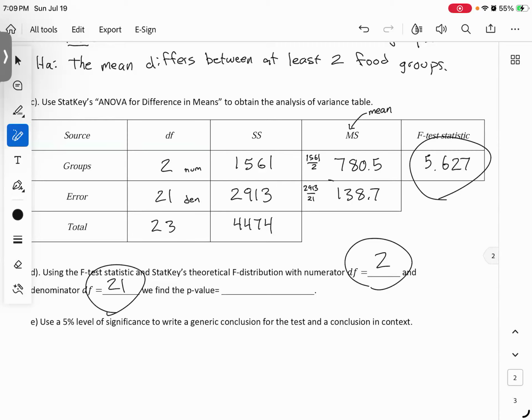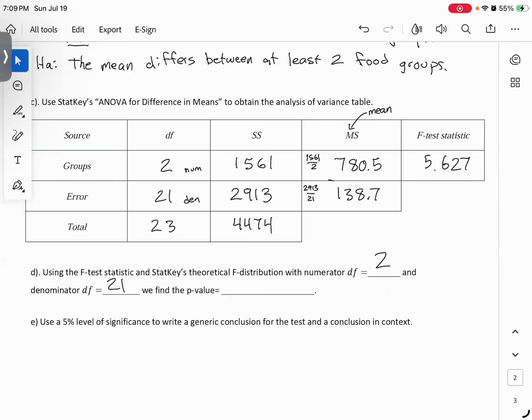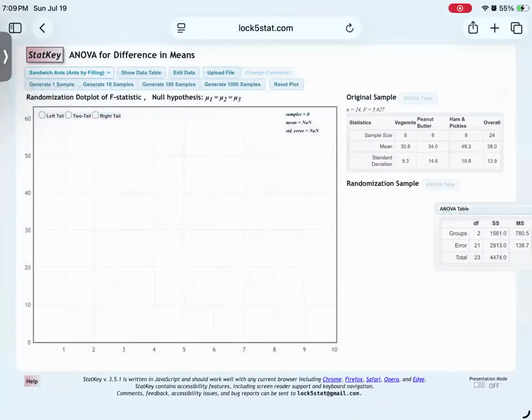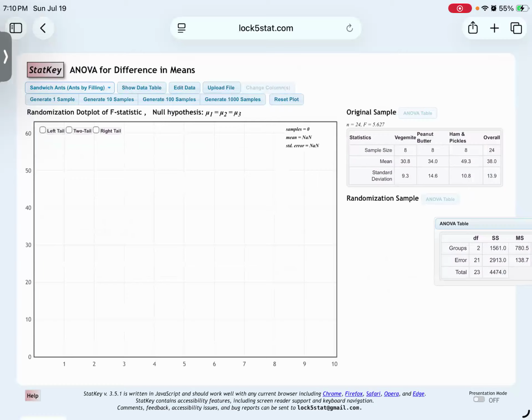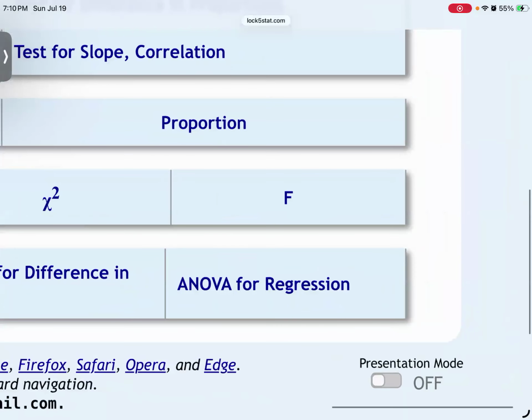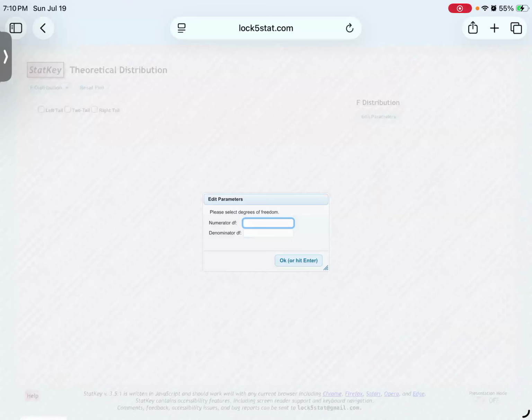But let's go to what's going to be our last distribution for this class. So sad. I know we're getting to the very end here, huh? And let's go to StatKey. And then you'll see it right there. There's the F distribution. Click on that.